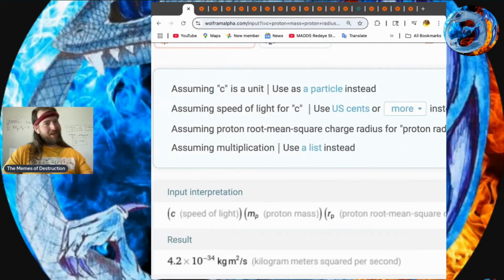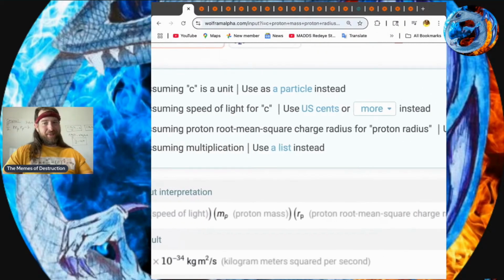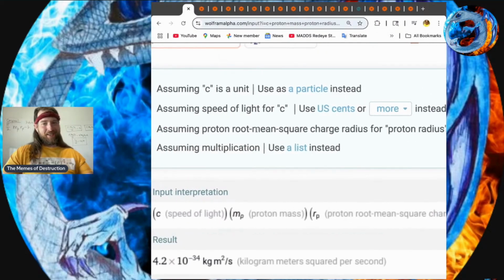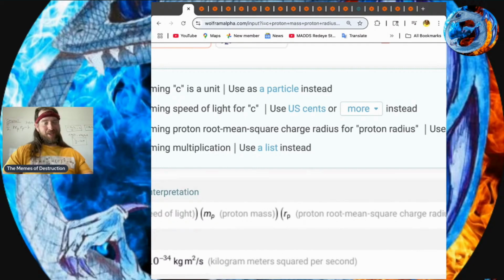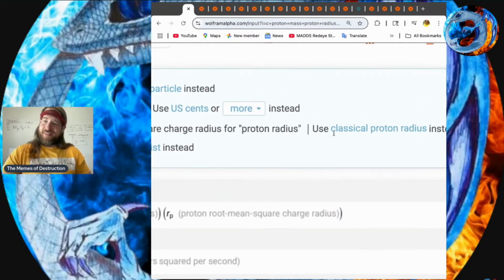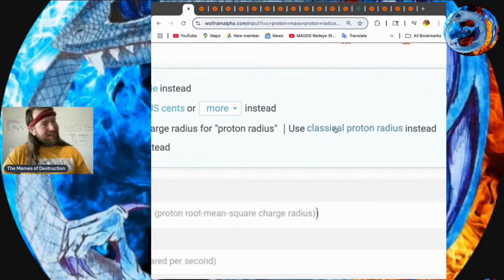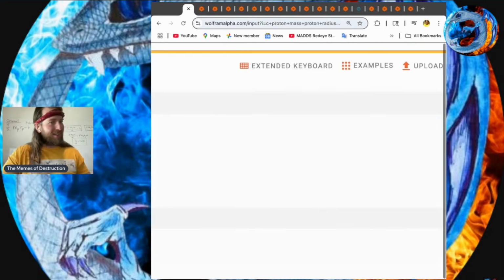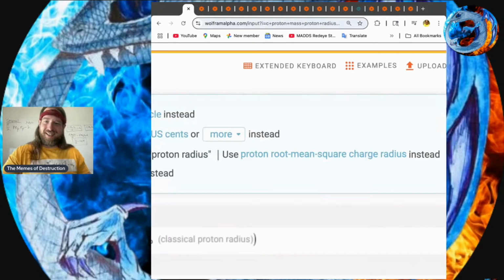So one of the things that I noticed is it gives us an option here, assuming the proton root mean square charge radius, whatever that is. Wait a second, there's an option. We can use the classical radius instead. So basically that's just assuming spherical things there and everything. So what happens if we click this? Okay.